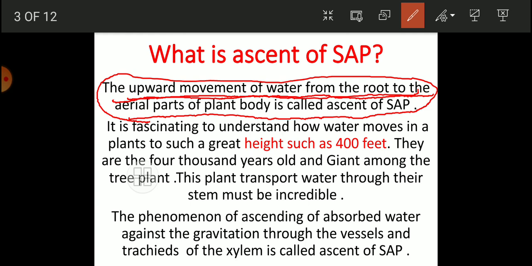Very interesting to understand how plants absorb water up to a 400 feet height, and how the plant transports water through their stem must be incredible.